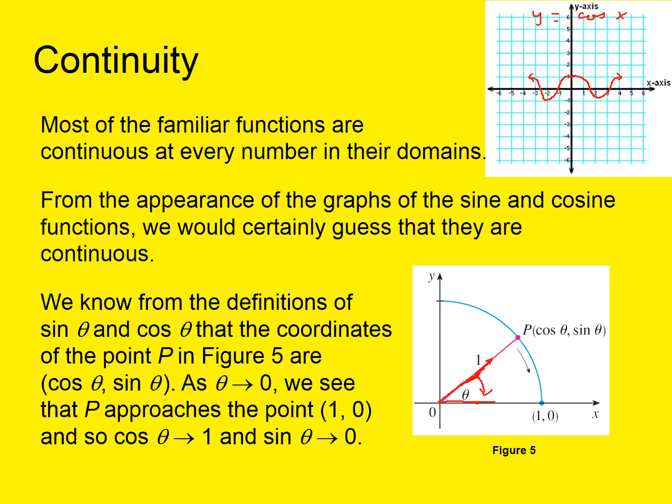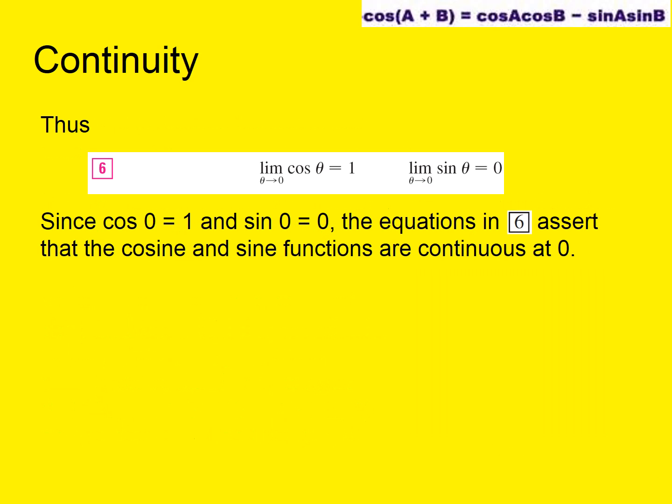And so cos theta approaches 1, and sine theta approaches 0. Thus, the limit as theta approaches 0 of cos theta equals 1, and the limit as theta approaches 0 of sine theta equals 0.